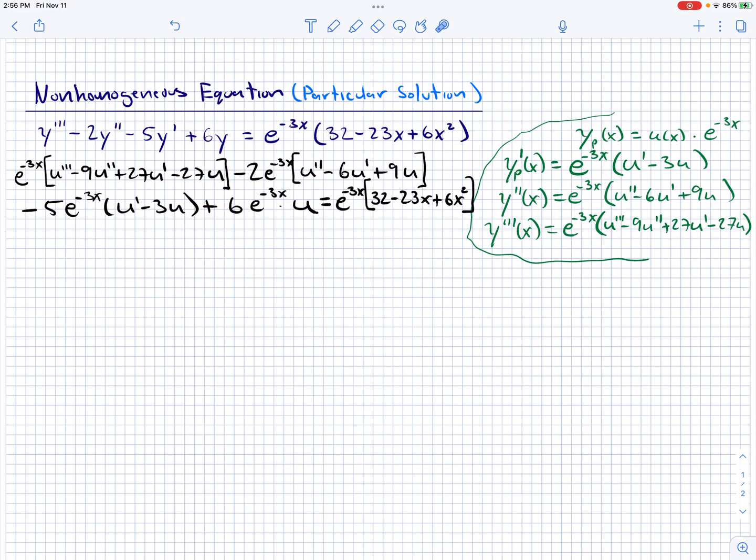Okay, so now that we've plugged everything in, we do need to do some simplification. Notice e to the negative 3x is a common factor of both sides, so we essentially can divide all that out, right? And then we can combine some like terms.